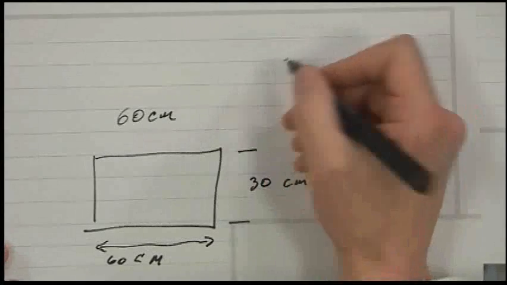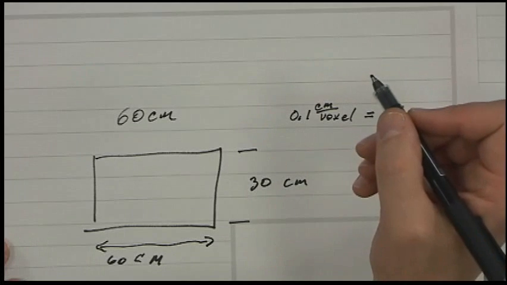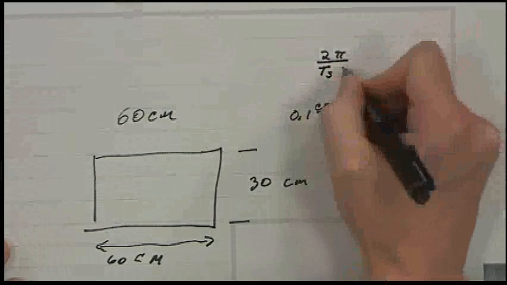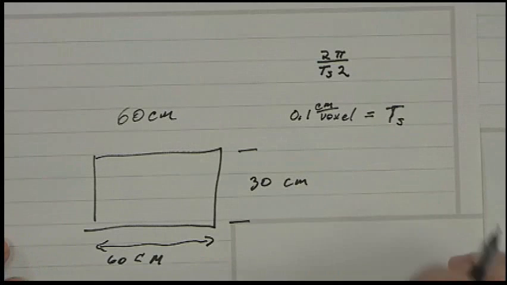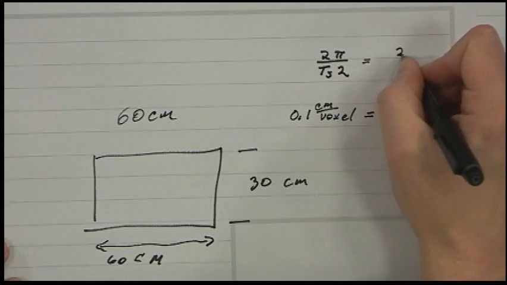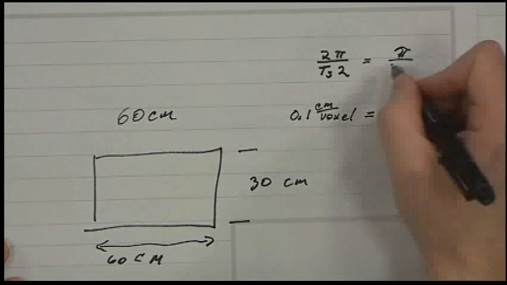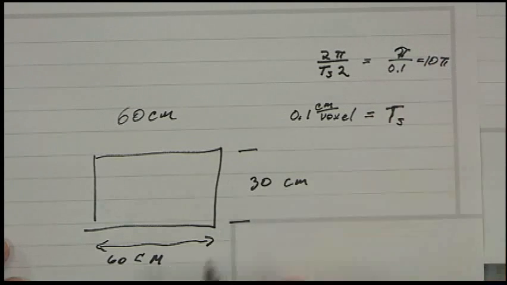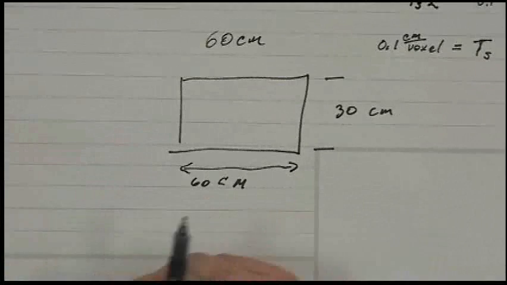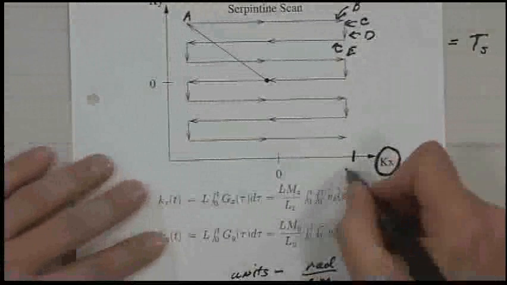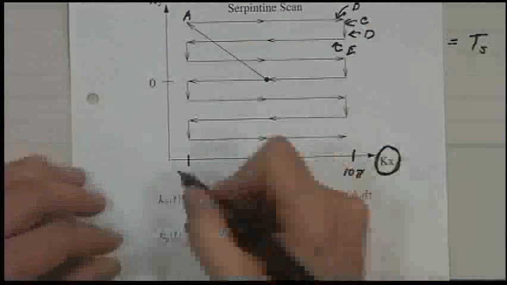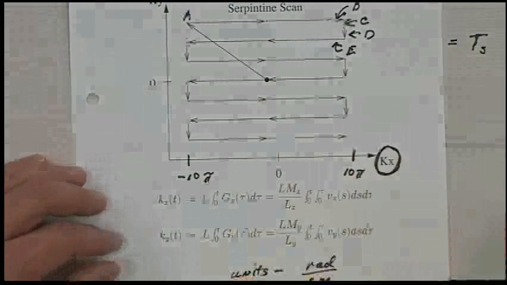That means the highest frequency you need to be able to maintain is going to be 2 pi over T sub s times 2. So that's going to be equal to pi over T sub s, which is 0.1, and that's going to be equal to 10 pi. So in this direction, you need this to be 10 pi radians per centimeter. That would be the minimum. In practice, you're going to need more than that, right?